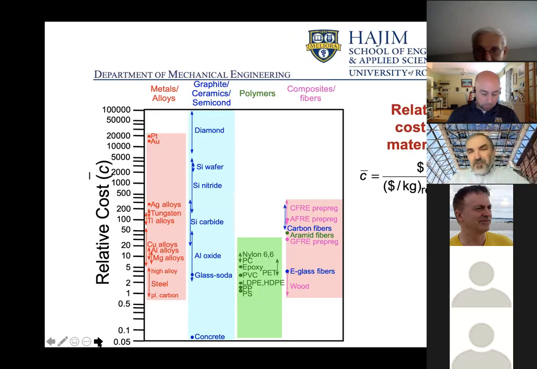Again, I just want to show you that we talk a lot in material science, which is a very integral part of mechanical engineering. We talk about the different classes of engineering materials, metals and alloys. And then we have ceramics and semiconductors. Then we have polymers. Then we have composites. And you see that the cost of these materials varies tremendously.